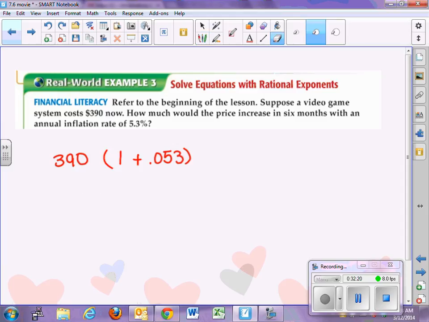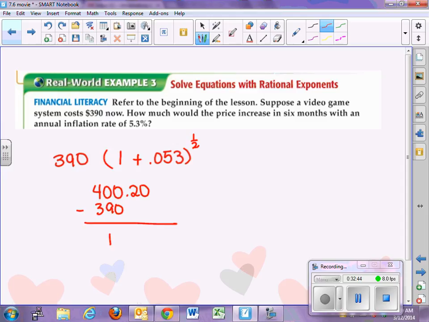Since I only want to do it for 6 months, that's a half of a year, I raise it to a half power. So I do this in my calculator, and I get $400.20. But it asked how much it's going to increase. I subtract my original $390, and I get $10.20 rounded appropriately.